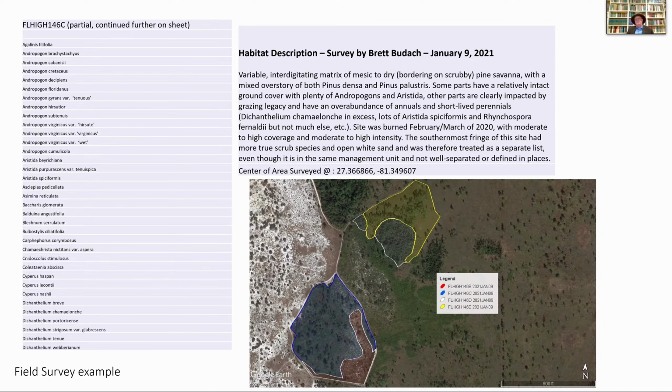So each of those 4 colored polygons each had a separate species list done, which can be linked to that polygon from that point on and used to compile larger floras for that tract of the wildlife management area and for the entire area.